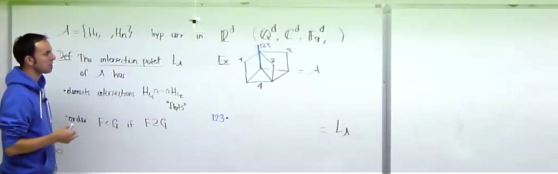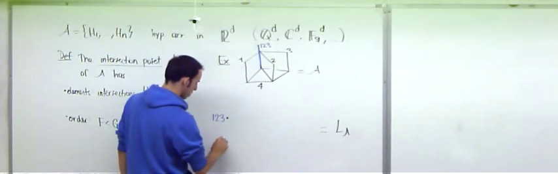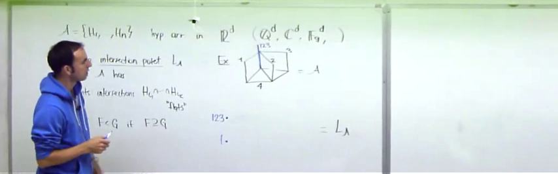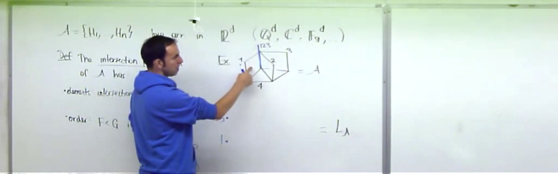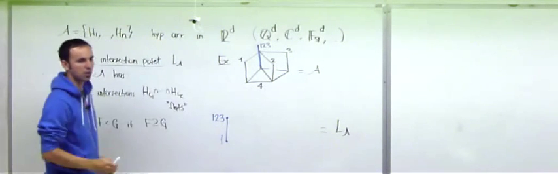Now you could also consider just the intersection of only one hyperplane. That's allowed. So, for example, 1 deserves to be an element of the poset. 1 is this hyperplane. And because the hyperplane 1 contains the flat 123, you reverse that and draw a connection like this in the poset, but upside down.